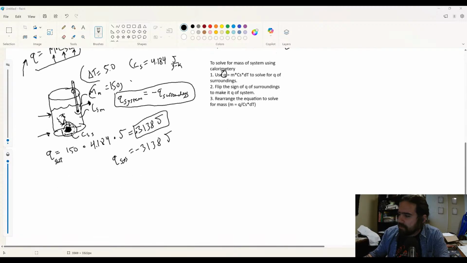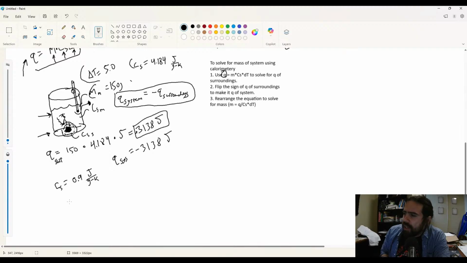So let's say that we have, so our Q of our system is negative 3138. Let's say, wait a minute, is that what I said? Yeah, 3138. Let's say that the energy is coming from a flaming hot block of aluminum. The aluminum has a specific heat of, let's see, 0.9 joules per gram Kelvin.